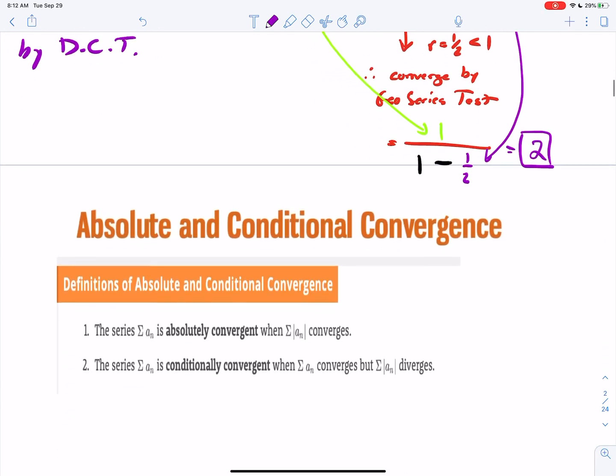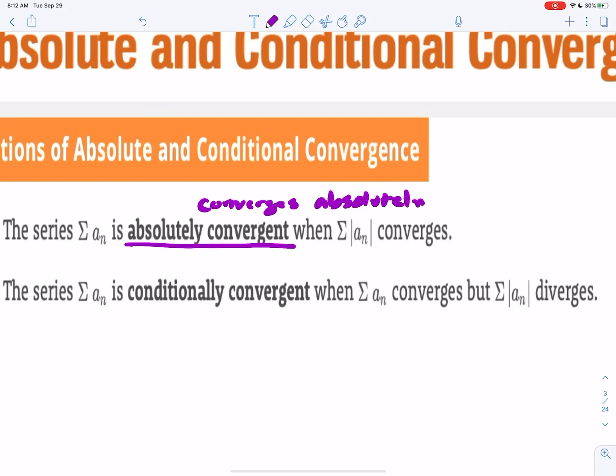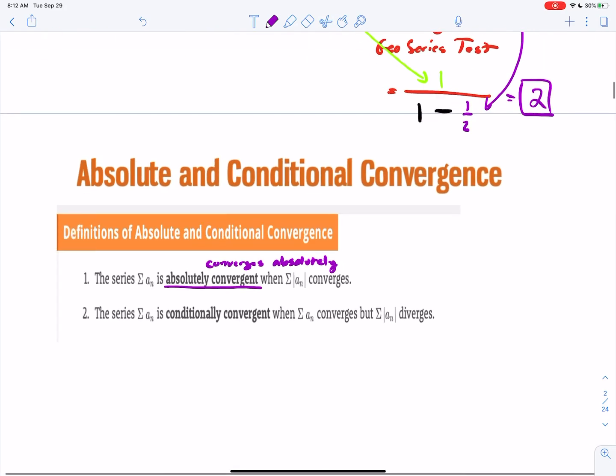All right. So when something is absolutely convergent or converges absolutely, I'll give you guys some time to write this. Okay, I want you guys to think converges absolute valuely. Okay, the cool thing in math is you get to make up words.